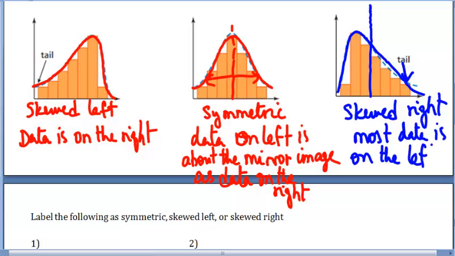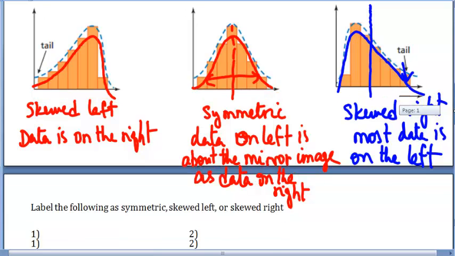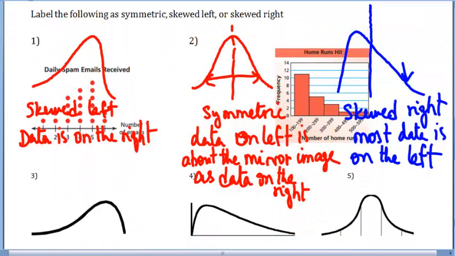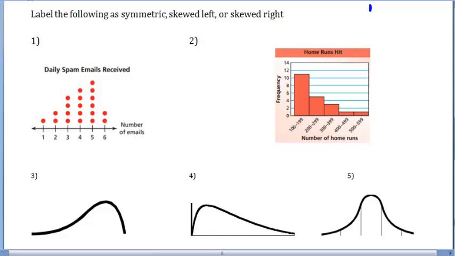So let's go ahead and do a couple of problems. In this lesson, all you're doing is identifying the given graphs as symmetric, skewed to the left, or skewed to the right. Okay, let's take a look.